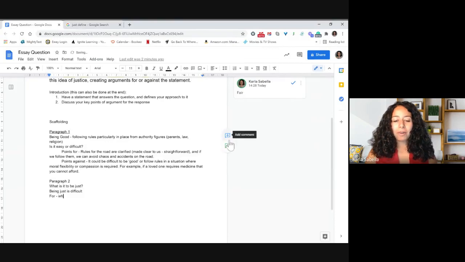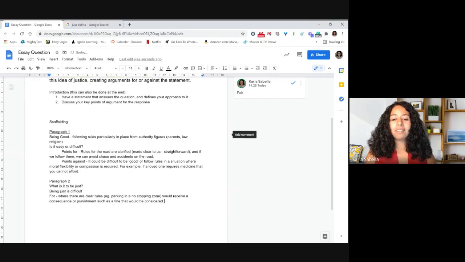So where there are clear rules, e.g. parking in a no stopping zone, you would receive a consequence or a punishment such as a fine, and that would be considered just.